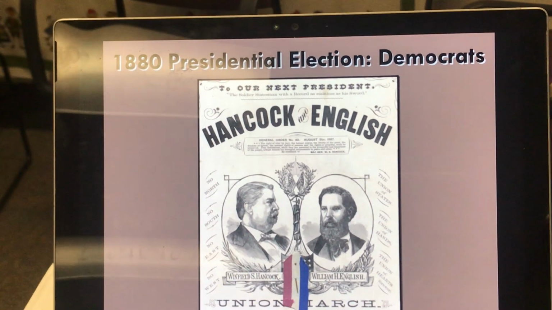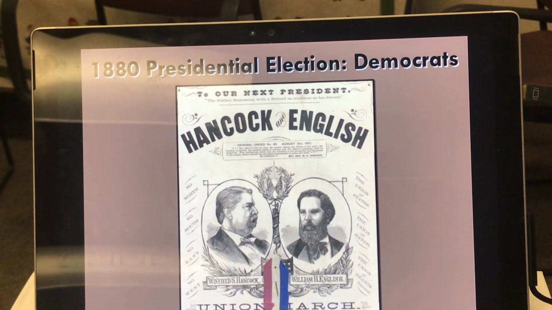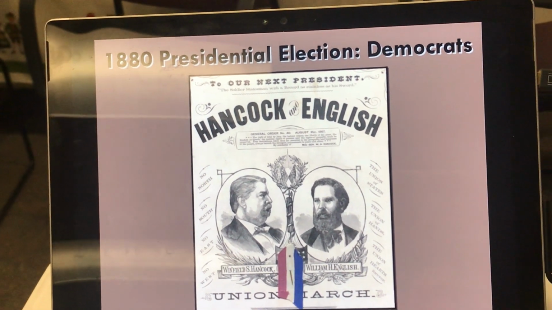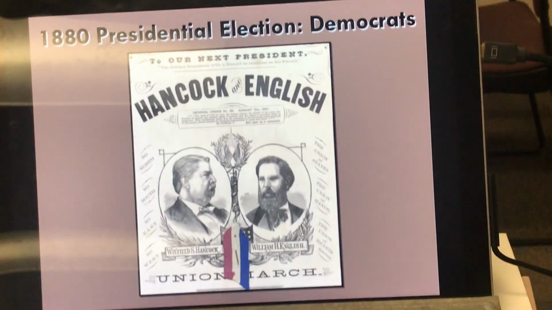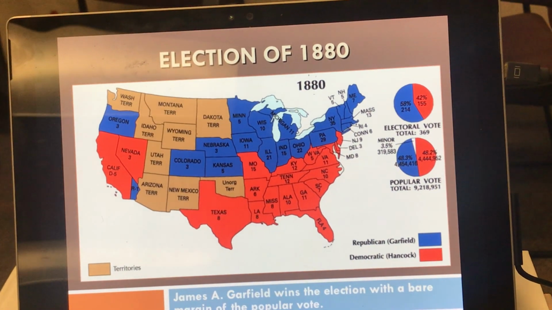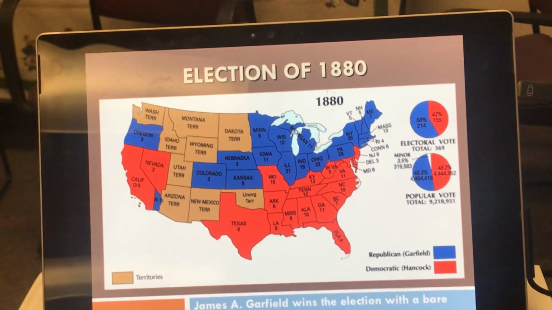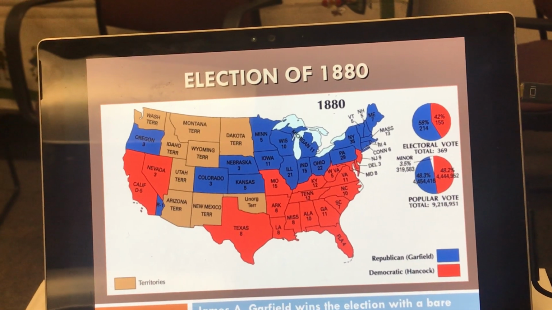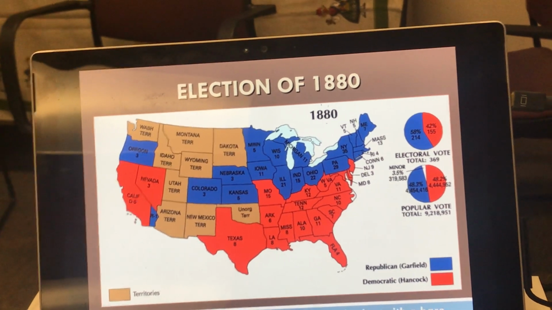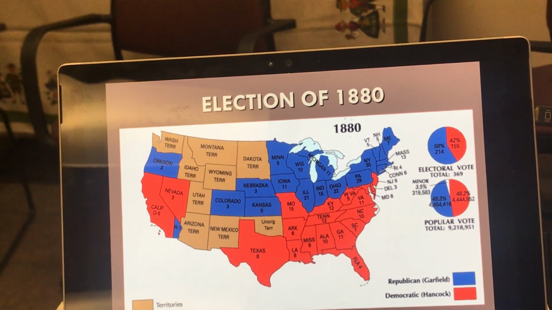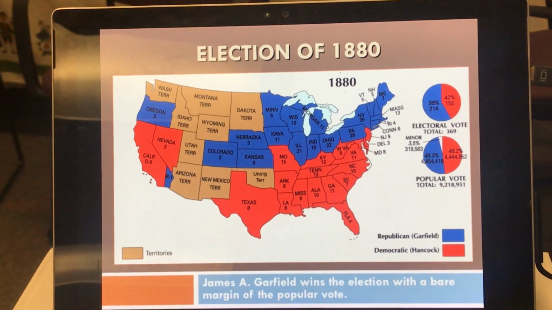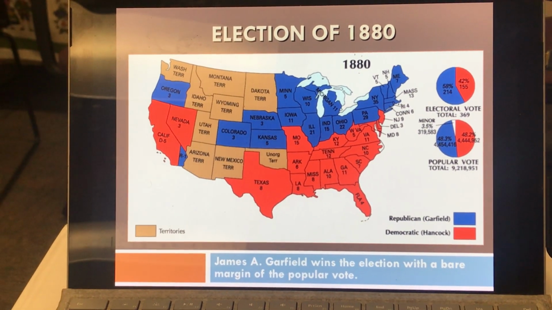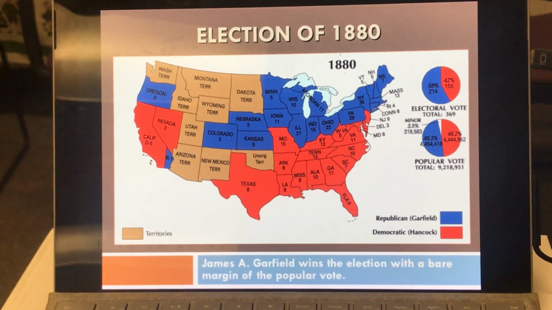The 1880 presidential election, the Democrats were Hancock and English. They were the ones running. And in the election of 1880, Garfield takes the election. He wins the election with a bare margin of the popular vote. And again, without that deal for Reconstruction, he would not have actually won.